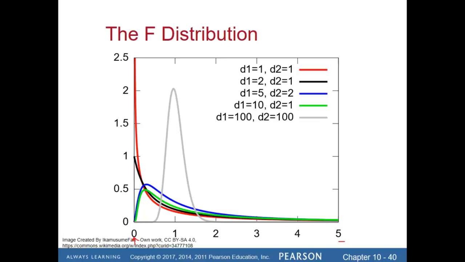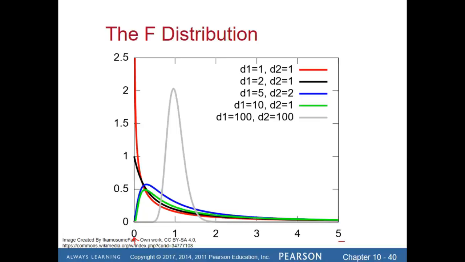In fact, it really looks more like an exponential distribution than anything else. Move up to 2 degrees of freedom in the numerator and 1 in the denominator. That gives us this black line here, still very right skewed. Move up with 5 and 10 degrees in the numerator and then 2 and 1 degrees in the denominator respectively. That's the blue line and the green line that you see here.